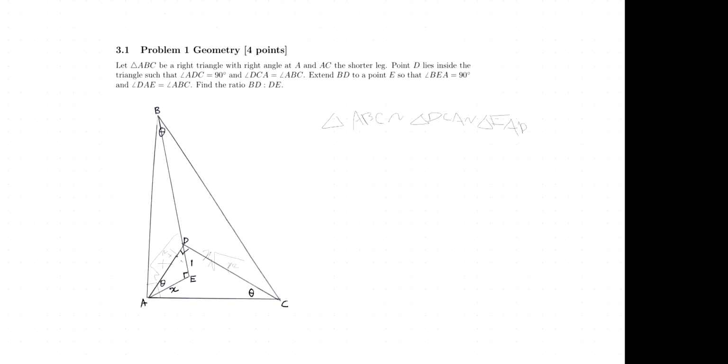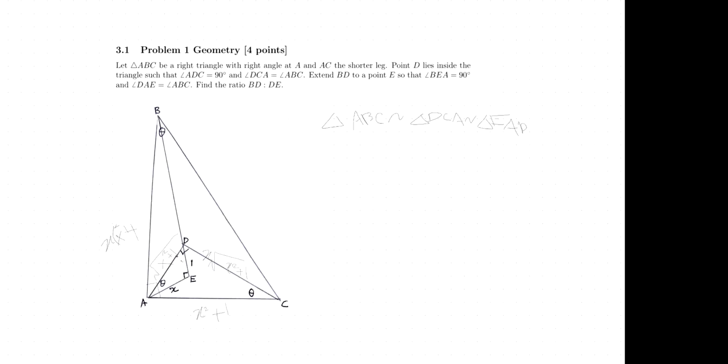And AC is just x squared plus 1. And because it's also similar to the big triangle, we have AB as x times x squared plus 1.